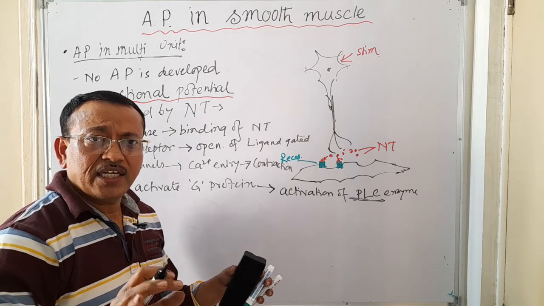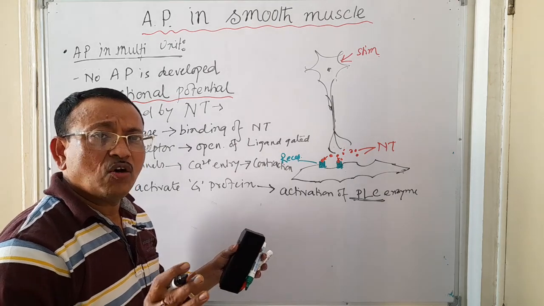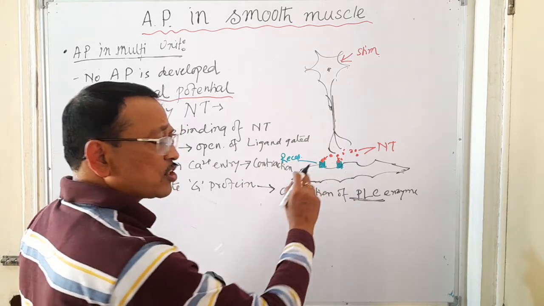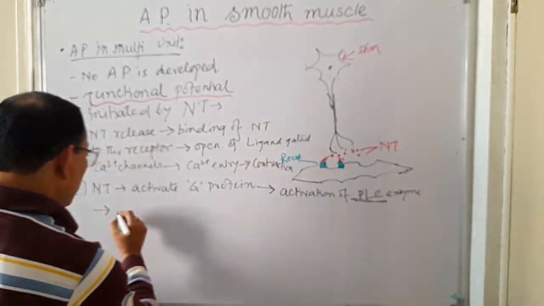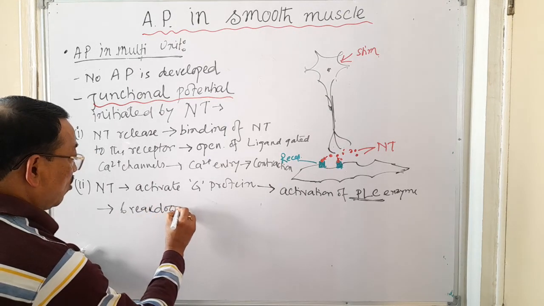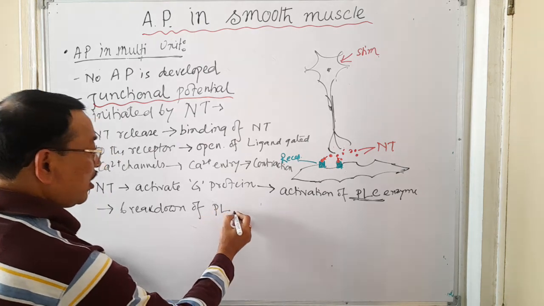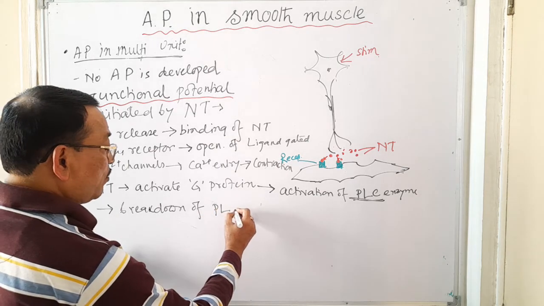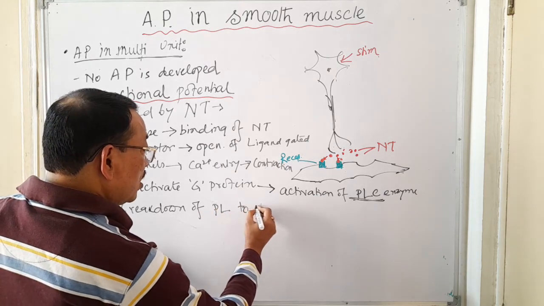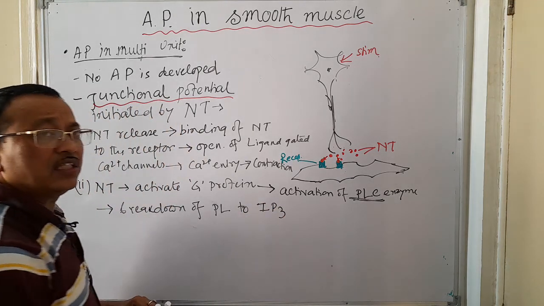On the membrane, there are different types of phospholipids, and some of them will be broken down by this phospholipase C enzyme, to inositol triphosphate IP3.